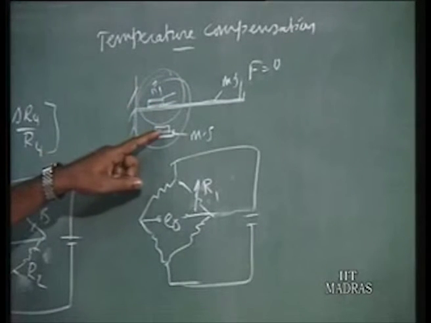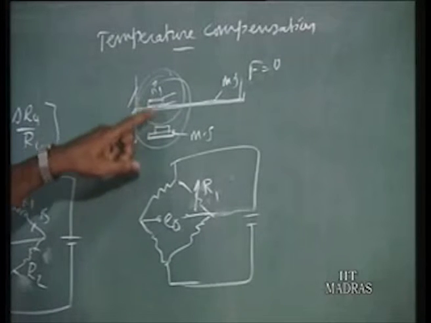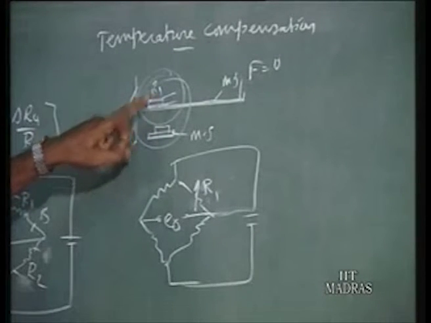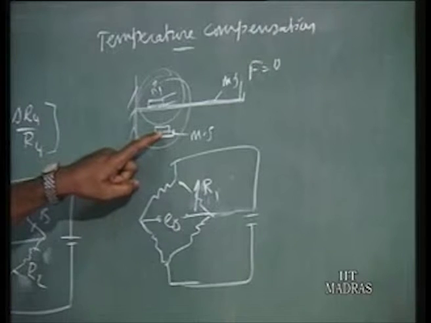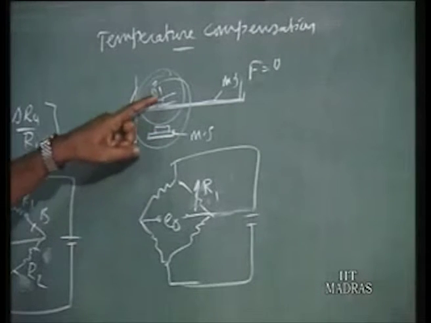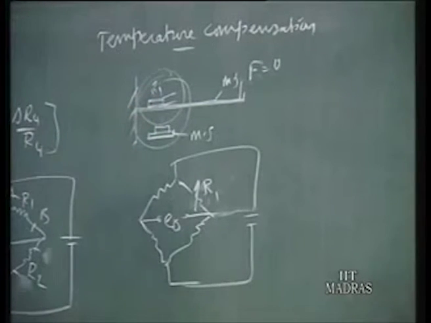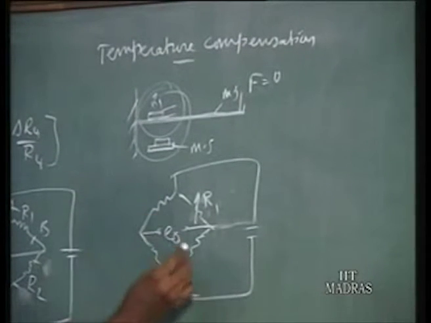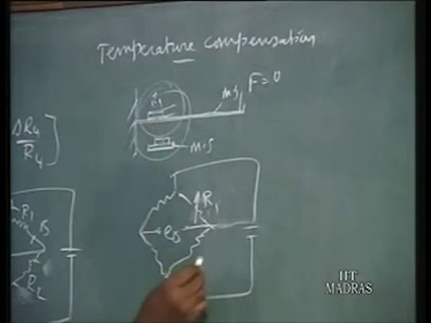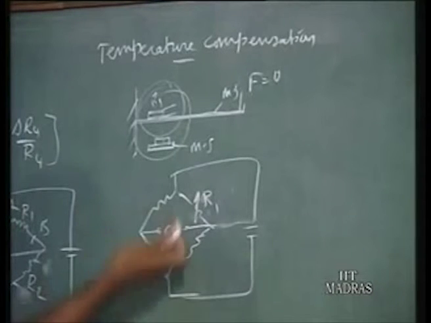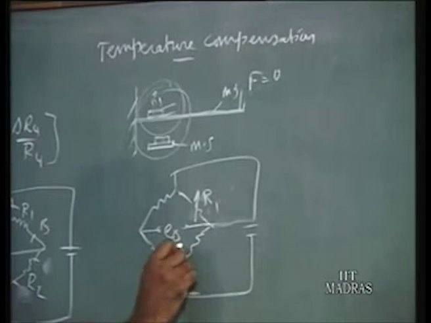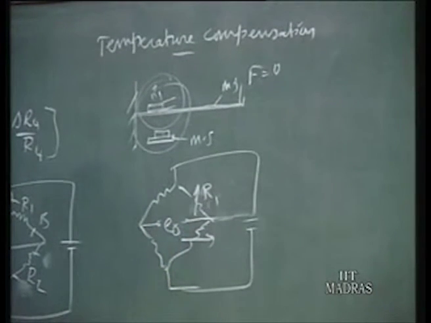Whatever change takes place in R1 due to temperature will also take place here. But we want to cancel this effect, so connect both of them in adjacent arms. So this will be our dummy gauge. Instead of connecting opposite for increasing output, now connect it in the adjacent arm. So this will be R2.